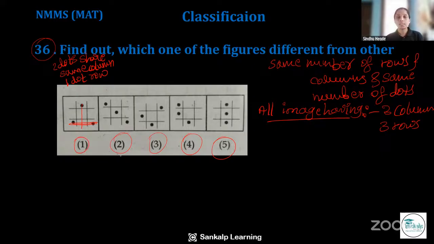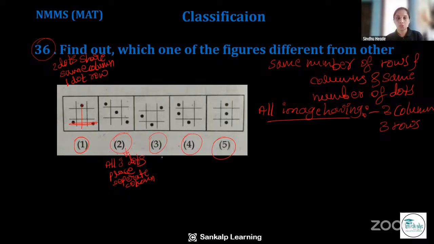Come to the second figure. Here, all 3 dots are placed in separate columns. This is for our image 2.